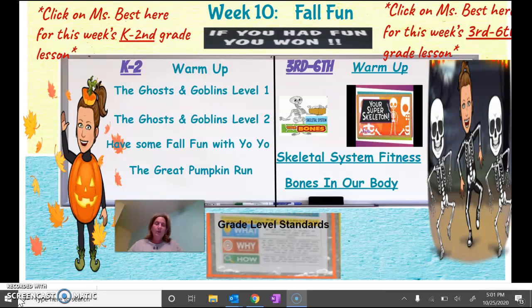So this week, week 10, we are going to be having some fall fun in our classes. For my kindergarten through second grade, we're going to be playing a game called Pumpkin Patch Hunt. I have taken some paper plate pumpkins and attached a picture of some type of character or item that has to do with Halloween, and I will spread them all out on one end of our pavilion area.